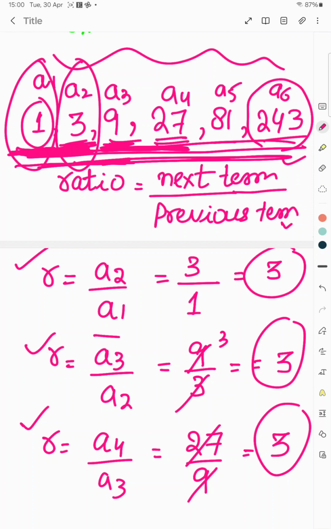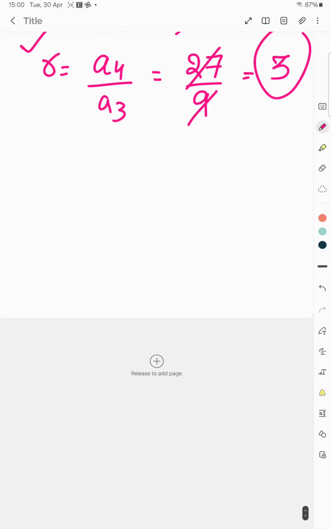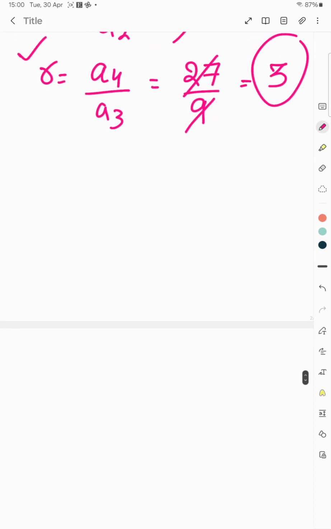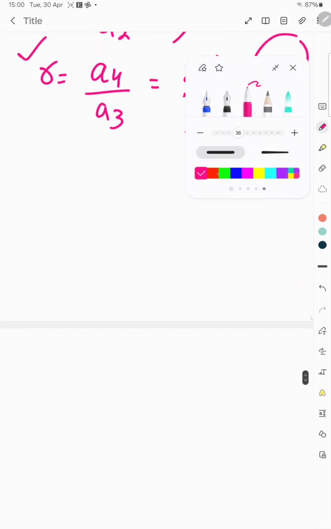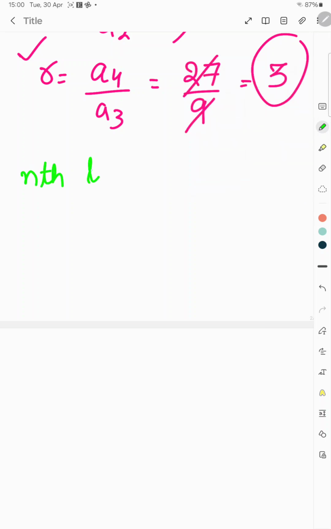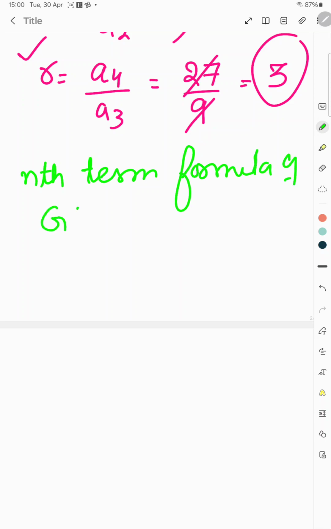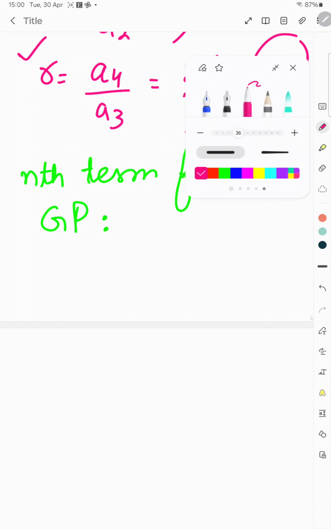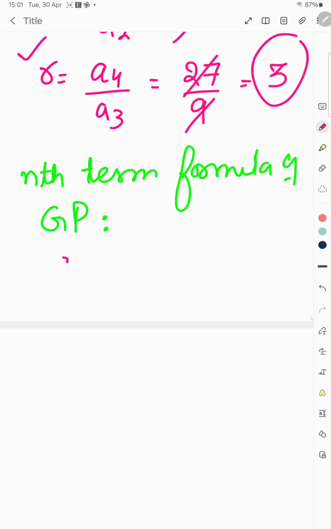So what is the nth term formula? I will write the formula, but first I have to give the heading: nth term formula of GP, meaning geometric progression. The nth term formula of geometric progression is an is equal to a1 times r to the power n minus 1.